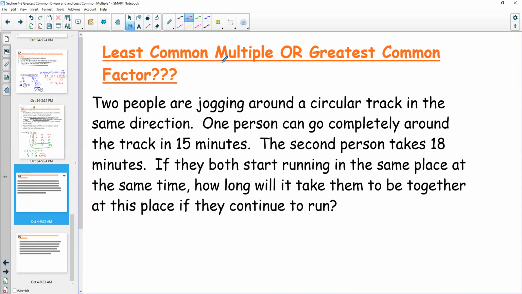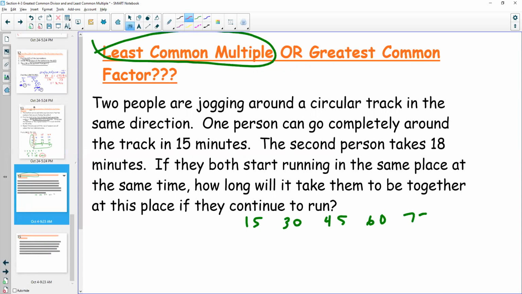Okay, so hopefully you said to yourself, well, the time needs to be longer. So in this case, I want a least common multiple. This is a least common multiple problem, and you can solve it any way you want. For me, I think the easiest thing to do is count. 15, 30, 45, 60, 75, 90, 105.